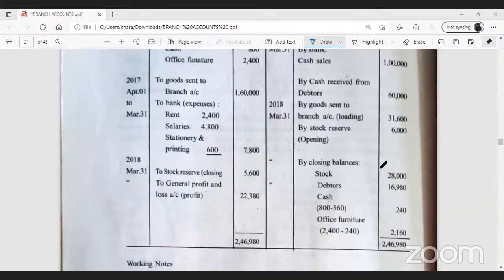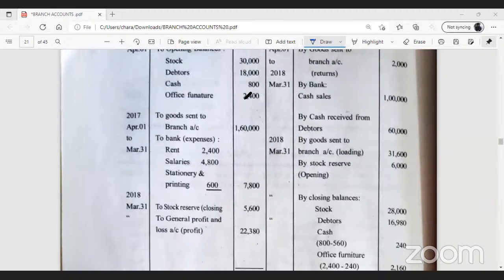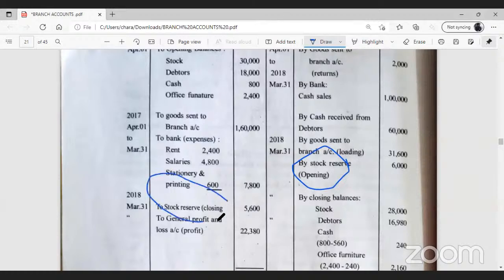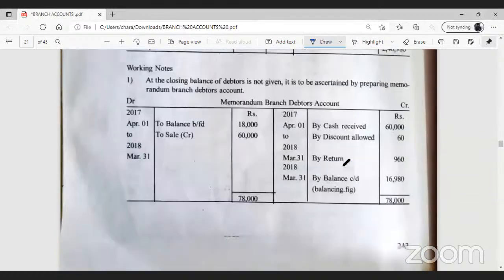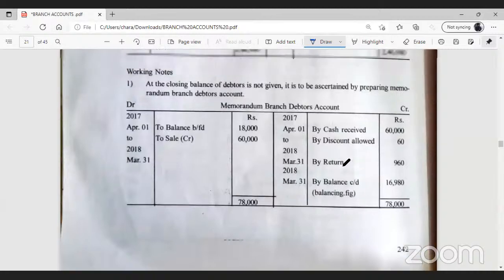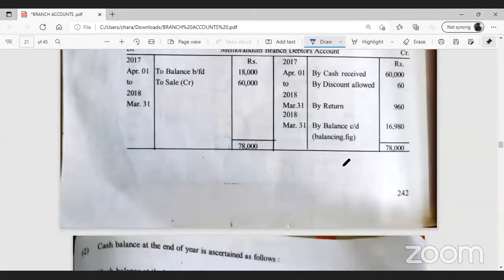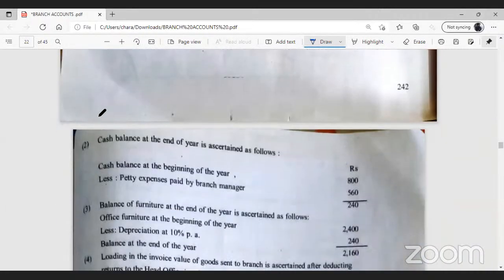All these are common now, so just post all those. In addition to that, whatever you learned under the departmental accounts, in the independent branch what you get is the stock reserve, opening stock reserve and closing stock reserve. How to calculate that is the difference which you are supposed to learn, which involves small working notes.